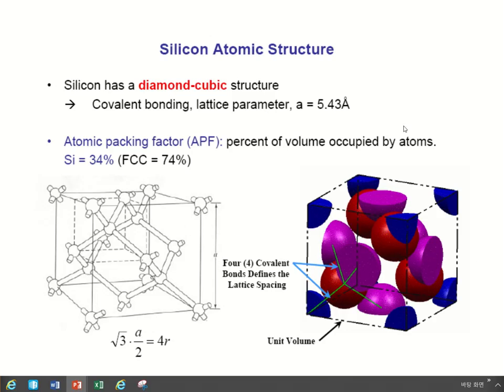The lattice parameter a is 5.43 angstrom, and the percent of volume occupied by atoms is the APF. As I said, the atomic packing factor is 34%, which is less than FCC.